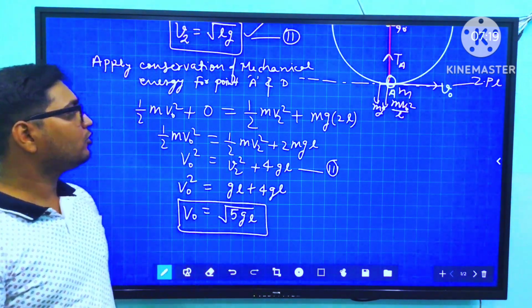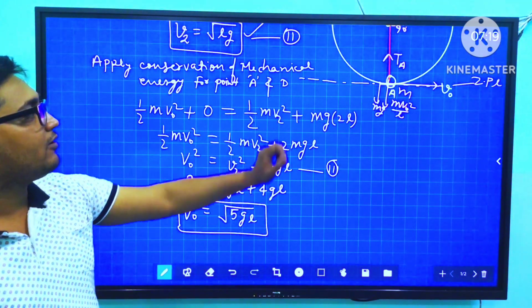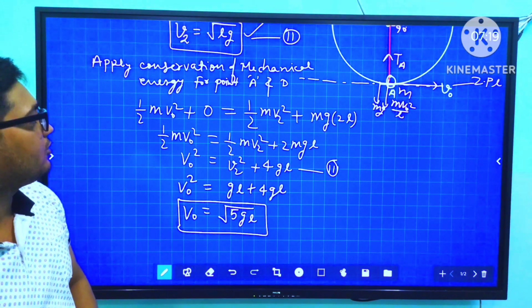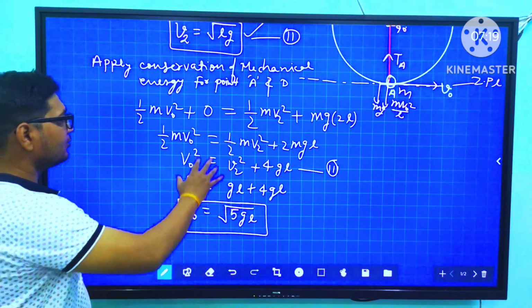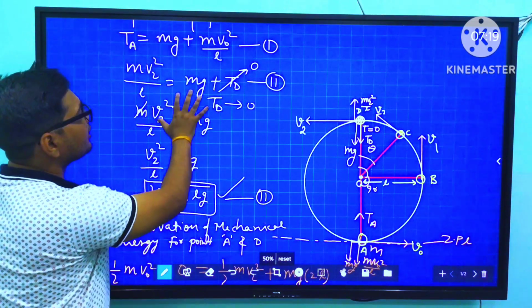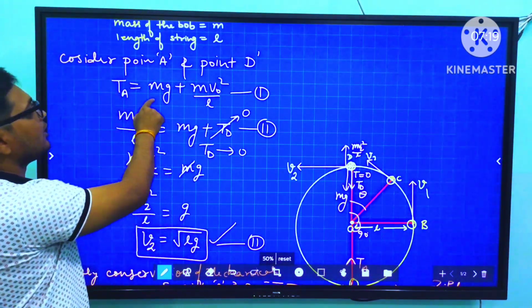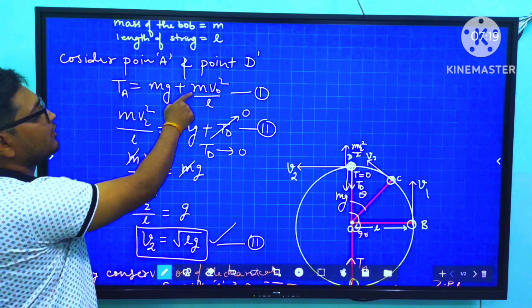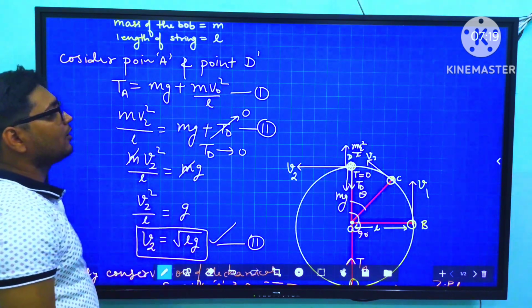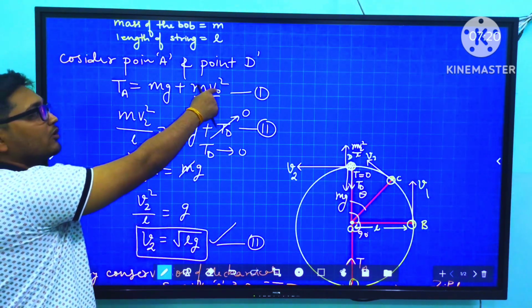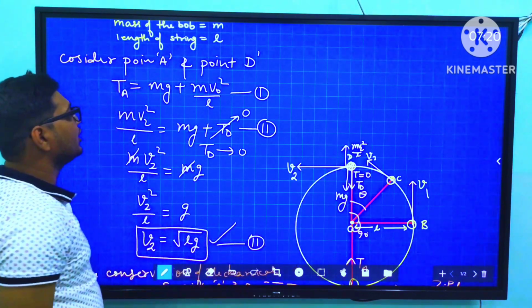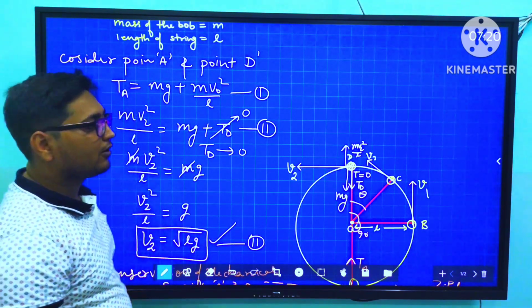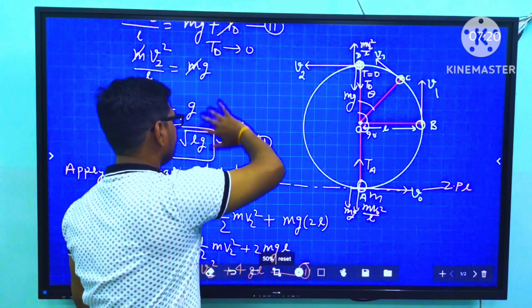Now I want to calculate the tension at the lowermost point. For that we again go to the first equation, that is Ta is equal to mg plus mv naught square by L. We will put the value of v naught, that is the velocity at the lowermost point, and we will get the tension at the lowermost point.